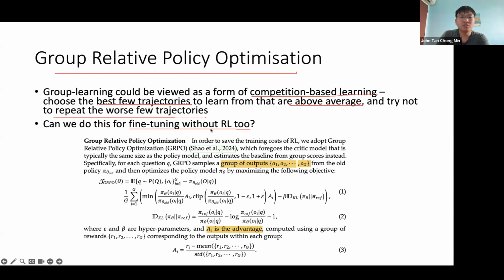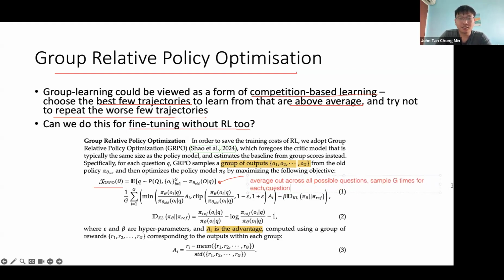But let's just delve into the equation. You can see that this is the loss function, the objective that they're trying to maximize. This expectation looks like a very complicated equation, but actually it's a very simple thing: average out across all possible questions and sample G times for each question.